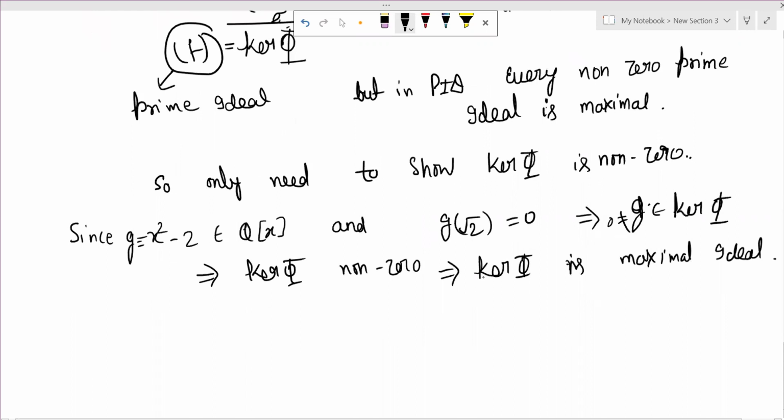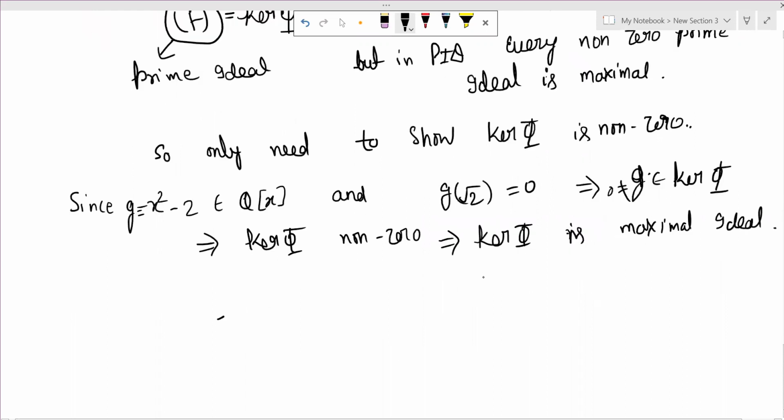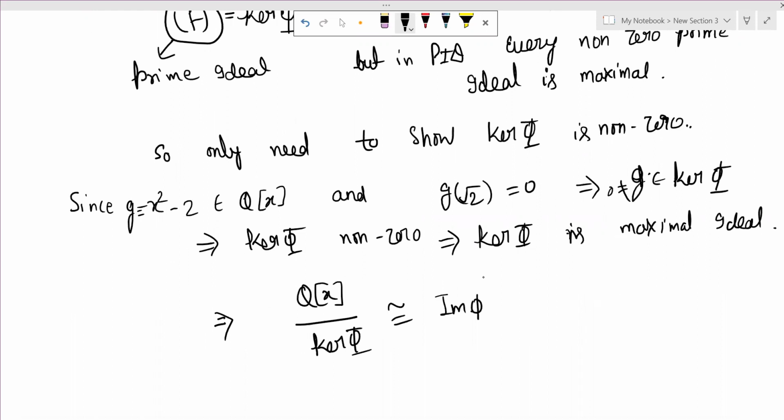What this implies is that Q[x] mod the kernel of phi, which is isomorphic to the image of phi, which is equal to Q square bracket root 2, is now a field because the kernel of phi is a maximal ideal.